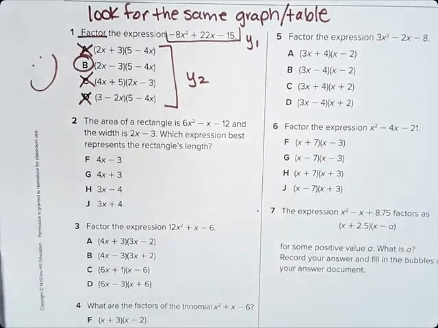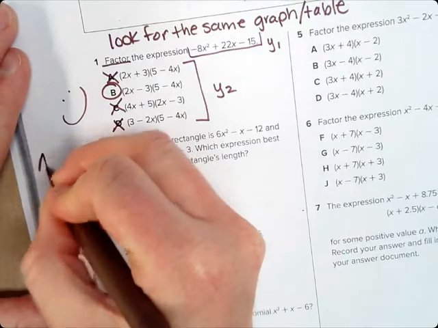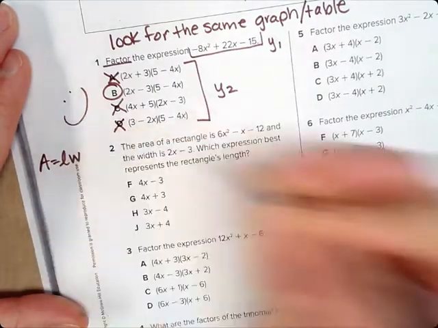The next problem, the area of a rectangle is 6x squared minus x minus 12, and the width is 2x minus 3. Which expression best represents the rectangle's length? So remember the area is found by doing length times width.